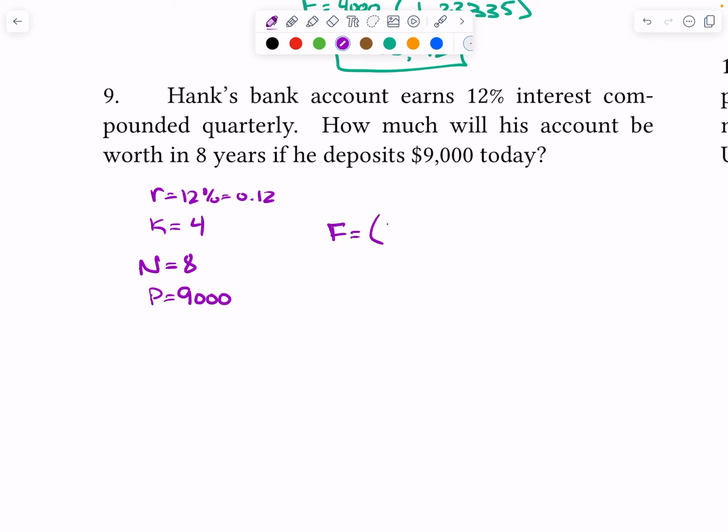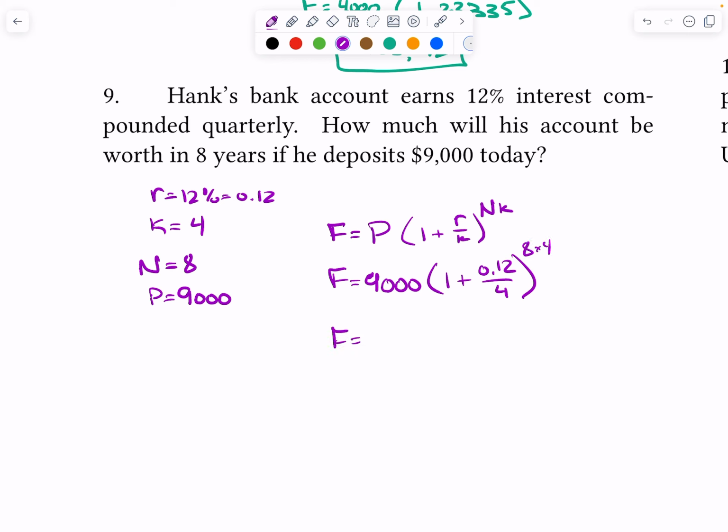The future value is the present value times 1 plus the rate over the number of compounding periods, raised to the nk. So in our case, we have 9,000 times 1 plus 0.12 over 4 raised to the power of 8 times 4.